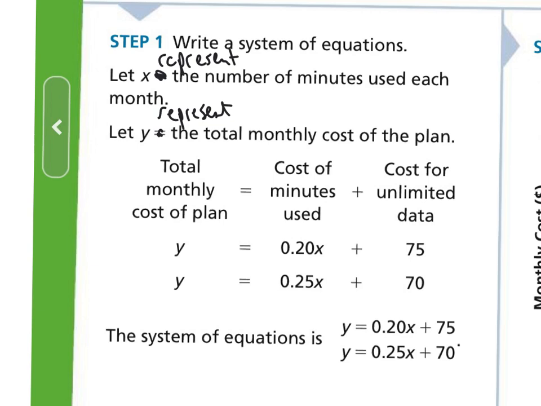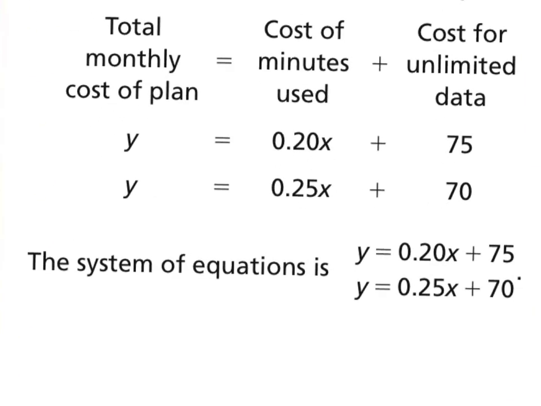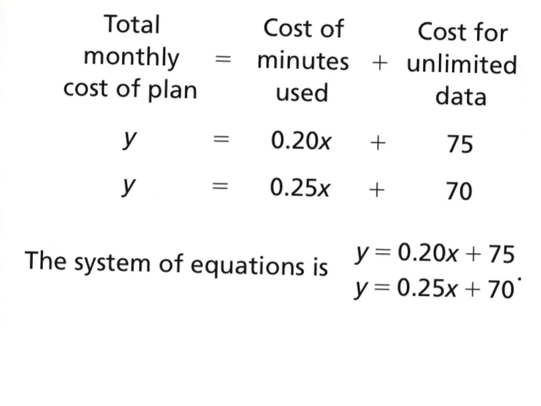So the cost for Company A would be 20 cents a minute times x plus $75. Notice the 20 cents they put as 0.20, since 75 is in dollars, we want the 20 cents to be in the dollar format as well. And then Company B is 25 cents times x plus $70. So these are our equations.